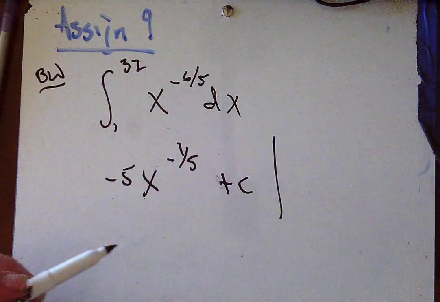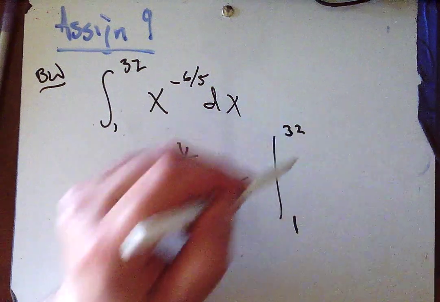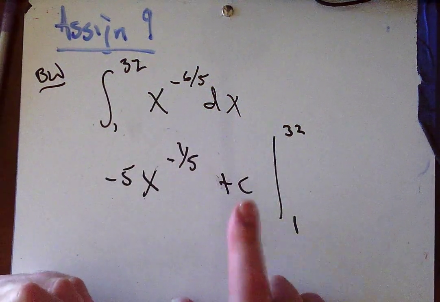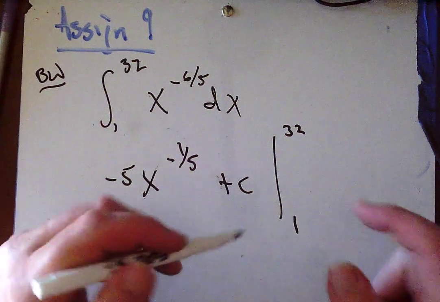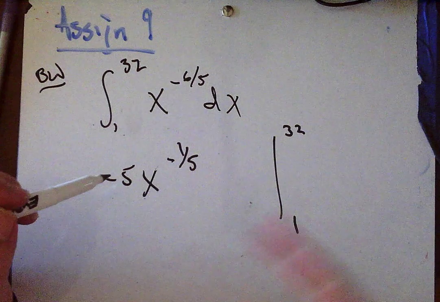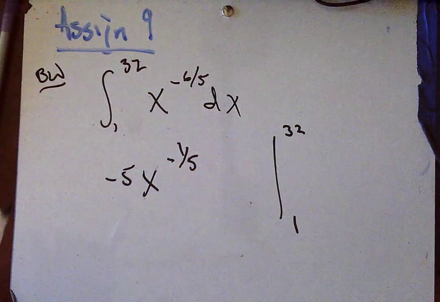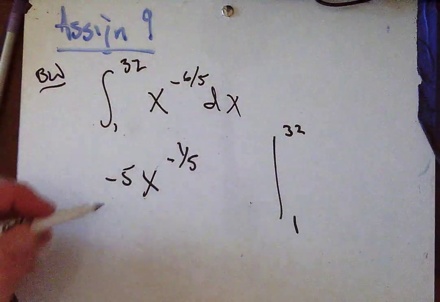However, when we evaluate this antiderivative from 1 to 32, those c's are going to cancel out between those two evaluations. So remember, with definite integrals, you don't have to worry about the plus c, because they're always going to cancel out. It's the indefinite ones, the ones without boundaries, where you must have that plus c.